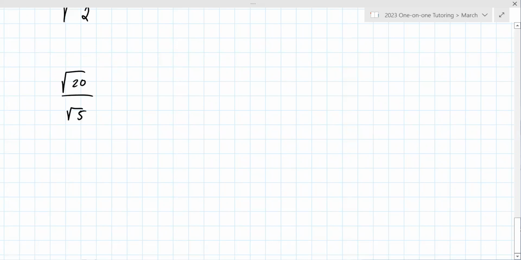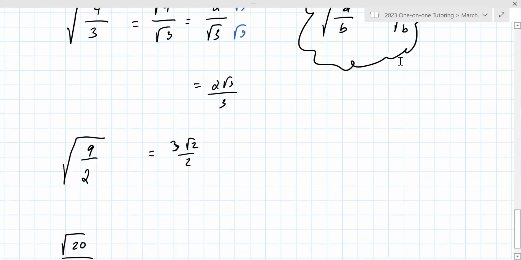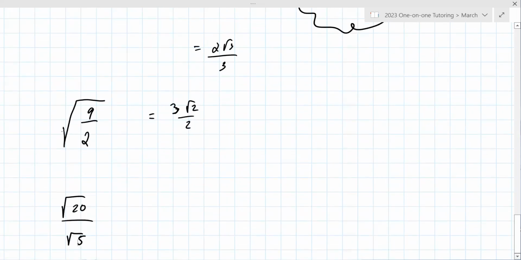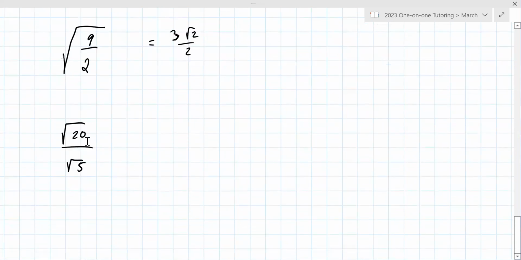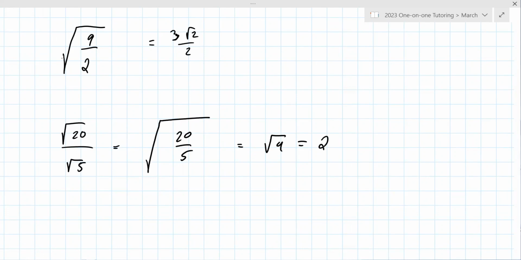And instead of remembering that the rule works backwards, that you can write this as one square root, you might try to rationalize this, which isn't wrong, but you should always try, well, maybe it works out. This is the square root of 20 over 5, which is the square root of 4, which is 2. Okay, so sometimes it works out, and sometimes it doesn't, and that's where you got to be comfortable with all these different scenarios.